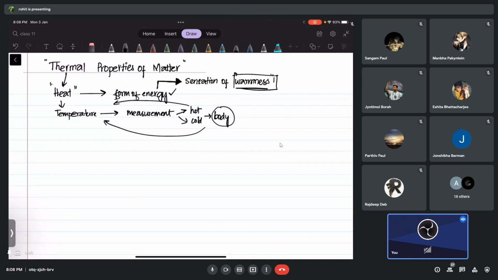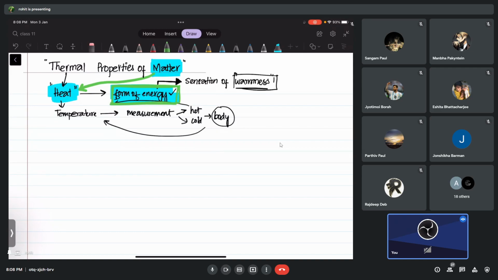Okay, heat is related to energy, since it is a form of energy. I'm repeating again, when a matter has heat, it means it has energy, and obviously matter is going to use that energy. It's not just going to keep it with itself.